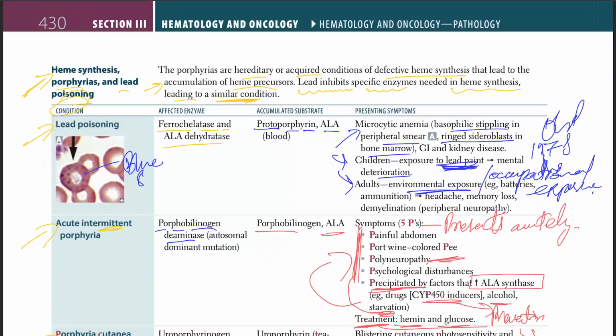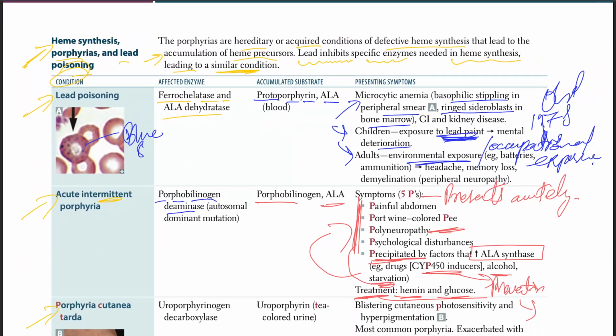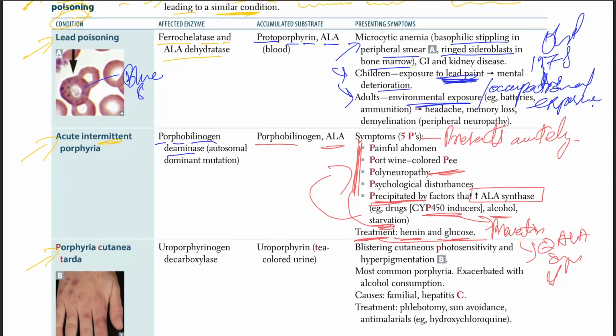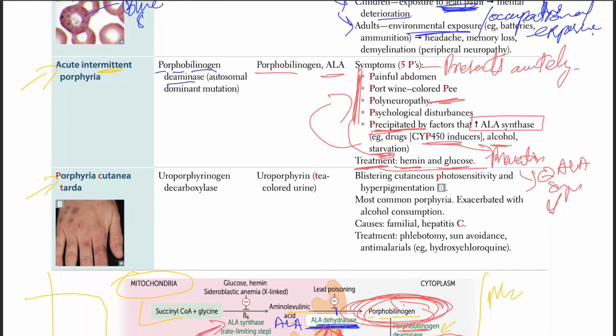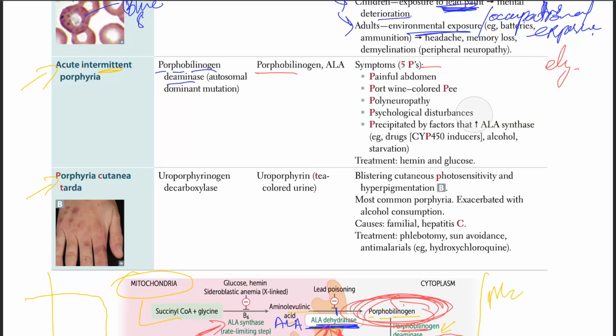So that's the prevention. You inhibit the ALA synthase. That would lead to decreased formation of porphobilinogens, right? So that's kind of a prevention. You're trying to prevent those symptoms from coming. So that's what we have for acute intermittent porphyria.